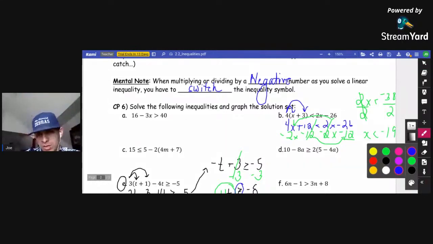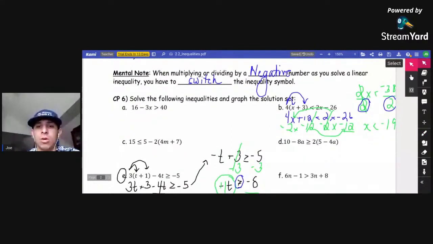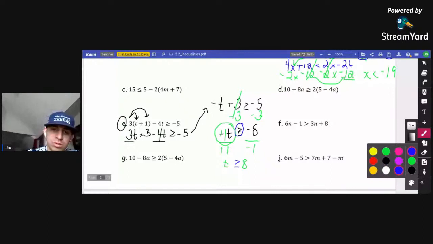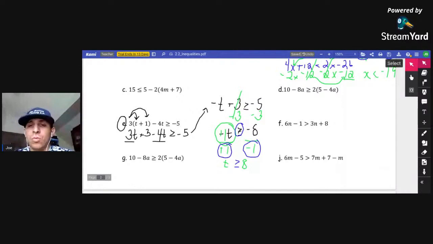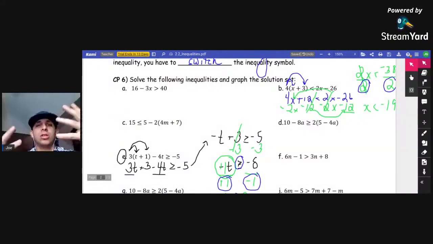So in this instance, we were dividing by a positive 2. So we don't want to alter the inequality symbol. Whereas in the previous example, this was originally a negative, but we were dividing by a negative 1. Okay, so it has nothing to do with what value is being divided or multiplied, and everything to do with what value is doing the division or the multiplication.